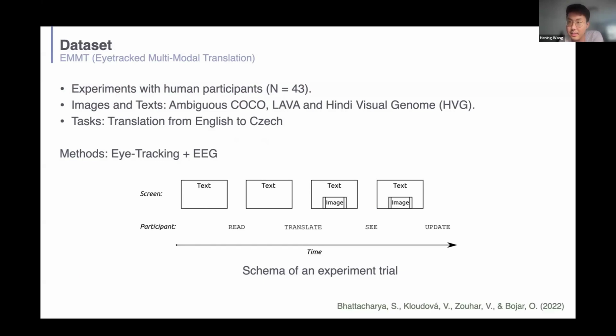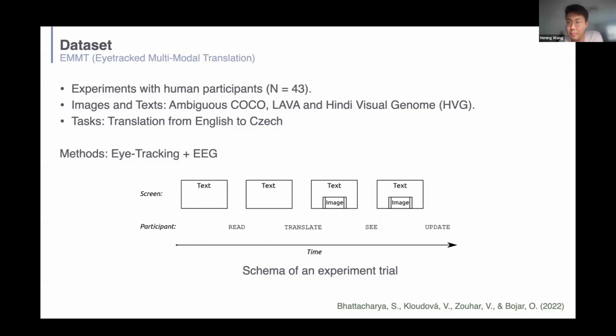The images and texts come from three big prominent data sets that are standard for benchmarking tasks. But in our experiment setting, the task for participants is translation from English texts to Czech texts. And the method we are using here is a combined method with eye tracking and EEG.